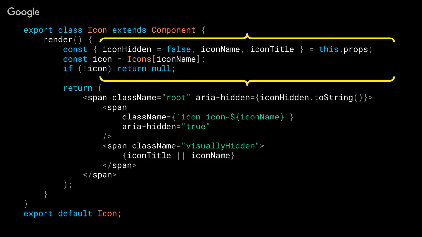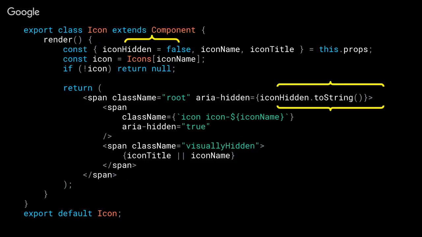One thing that you can do with your props is use them to create guardrails in your components to be sure that they're always using the accessibility features you've mixed in. Take, for example, the icon hidden prop. We've declared it at the top of the render function to default to false in case a user doesn't pass in a prop when using a component in the app.